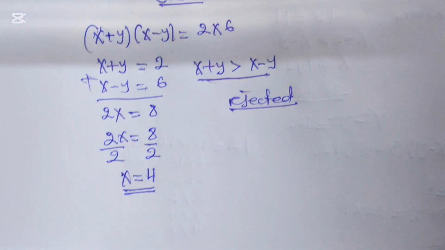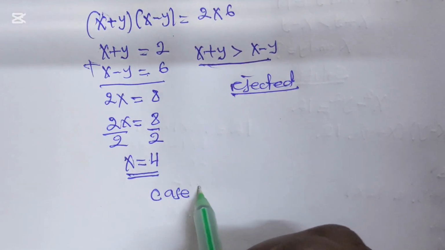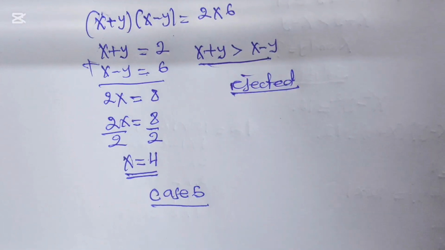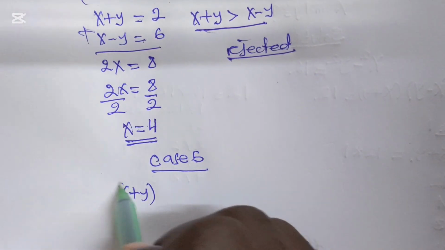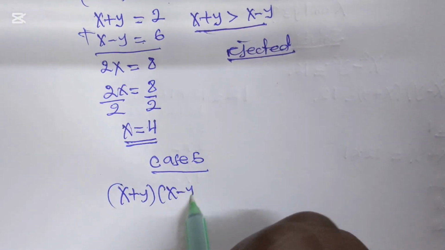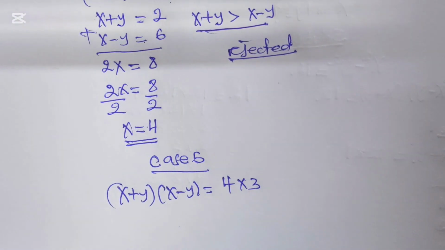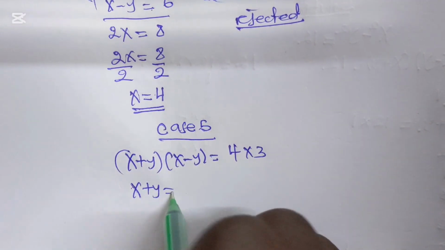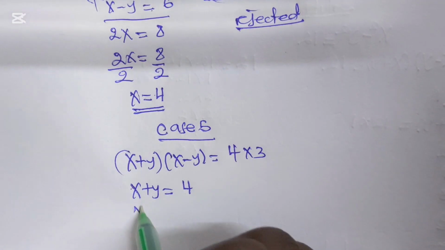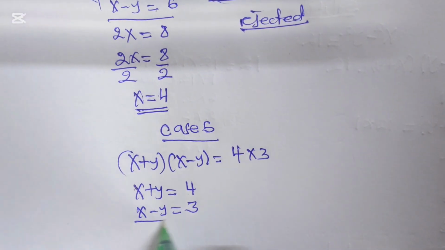According to case 5, we will have x plus y times x minus y equals 4 times 3. So x plus y equals 4 and x minus y equals 3.